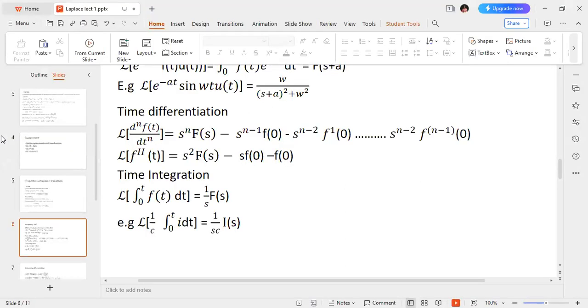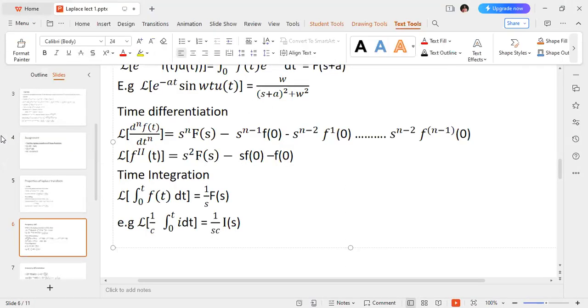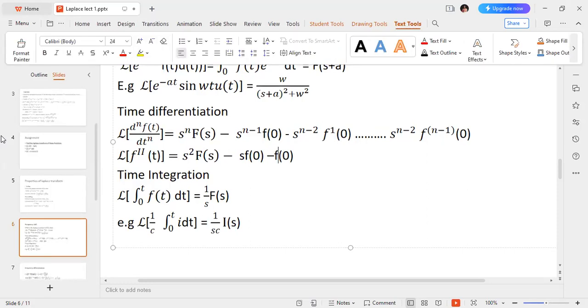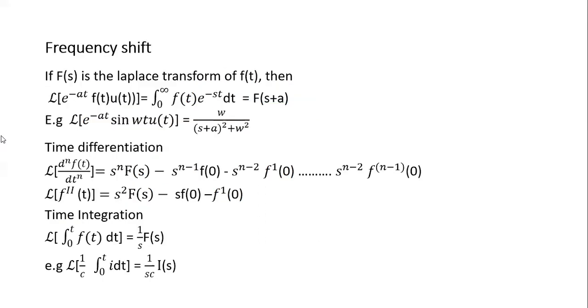Here you're supposed to have this raised to power 1. You're going to be having that function raised to power 1. So let us just introduce that here. Good. That's fine.